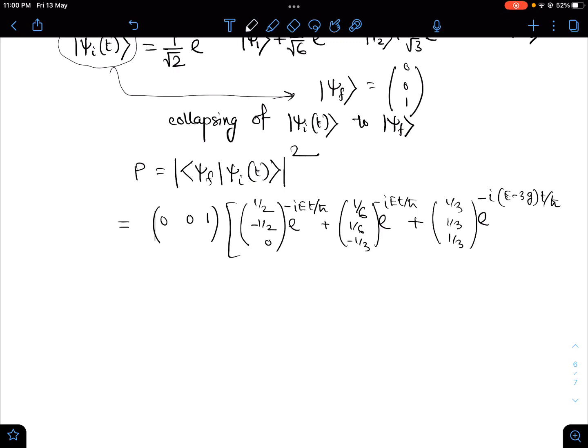So this is our psi initial, and we have to find its mod value.